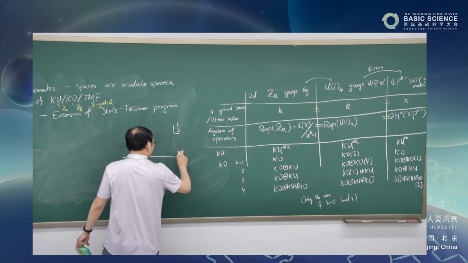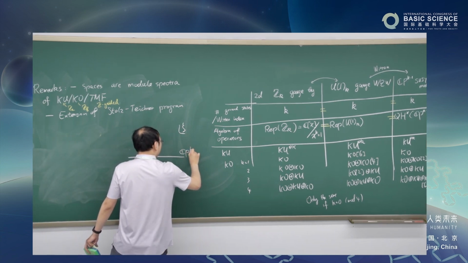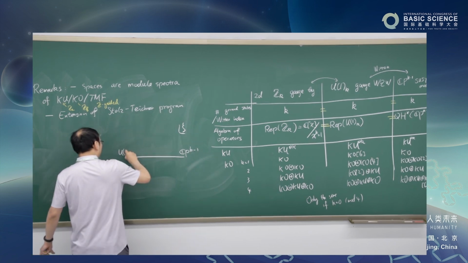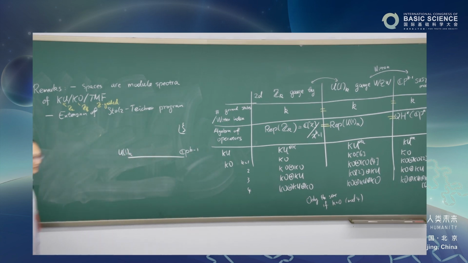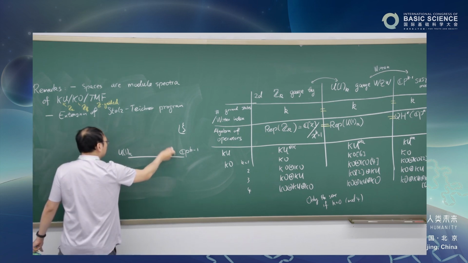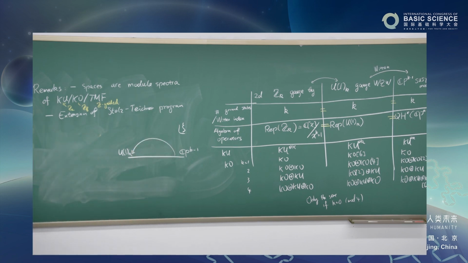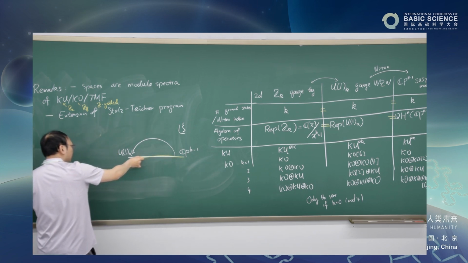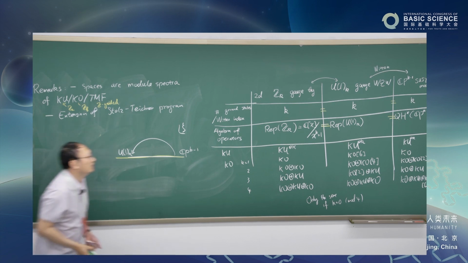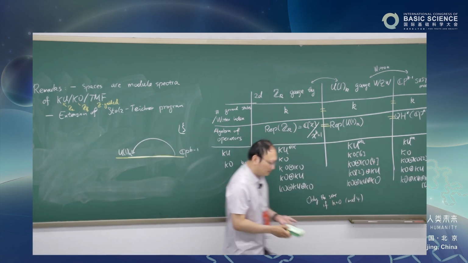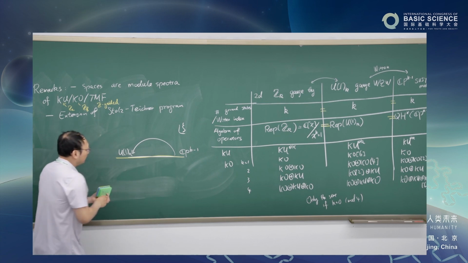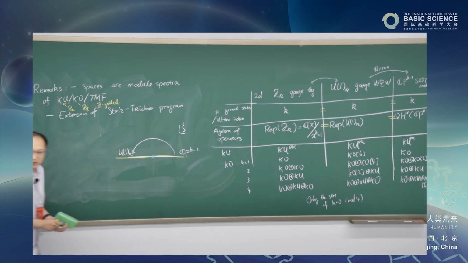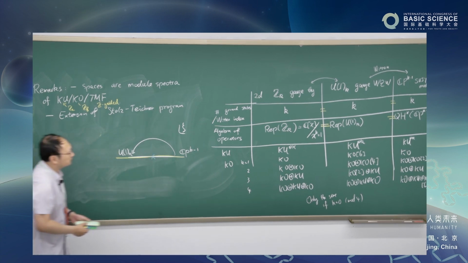So this would be the CP^(K-1) phase, and this will be the U(1) level K phase. The deformation that Witten constructed is something like this. But if one wants to have time reversal symmetry, one is restricted to this line. And what this tells us is that there's actually a second order phase transition happening somewhere here.